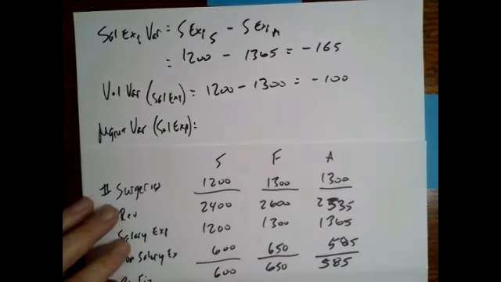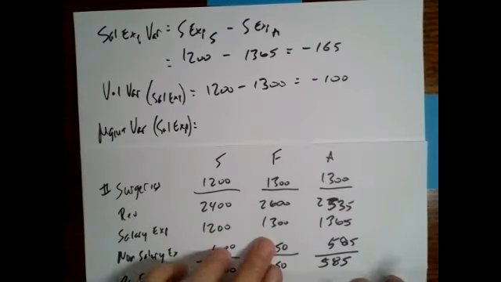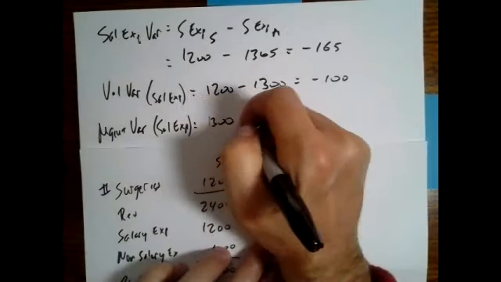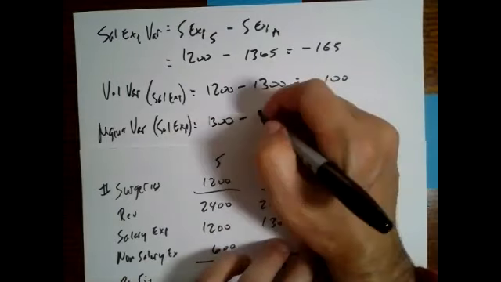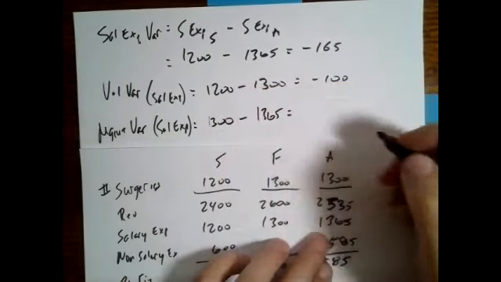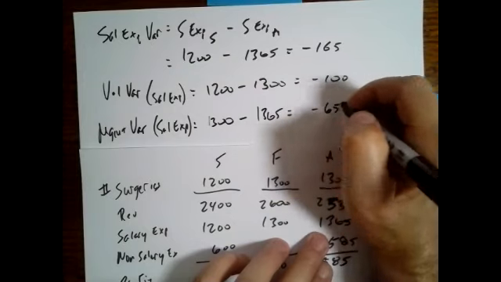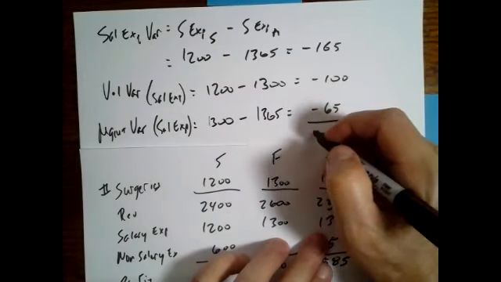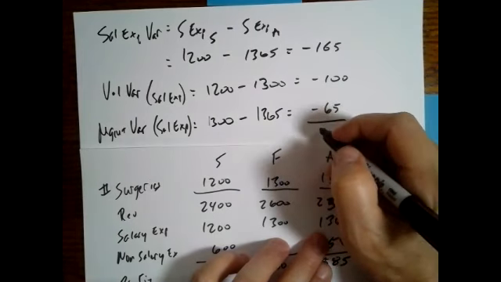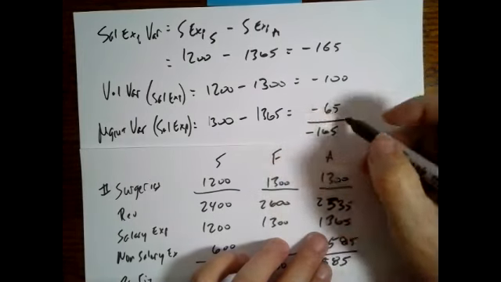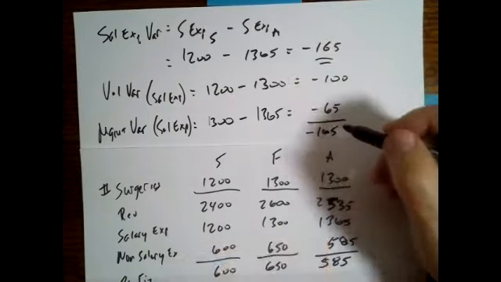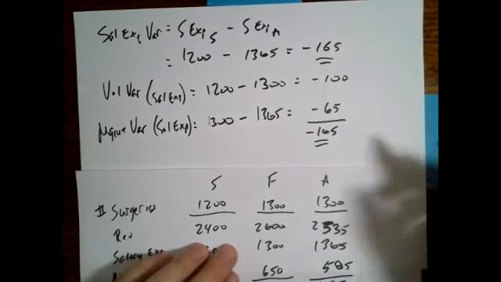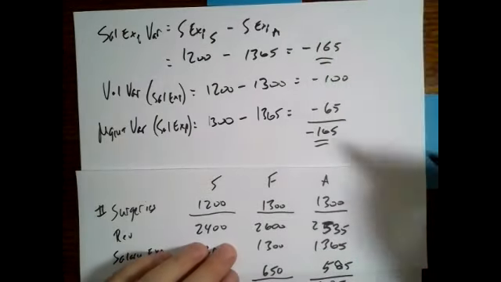So salary expense flex, which is 1,300, minus salary expense actual, 1,365, gives us minus 65. If we add these two together, minus 100 plus minus 65, we get minus 165, which matches up to our parent salary expense variance number.